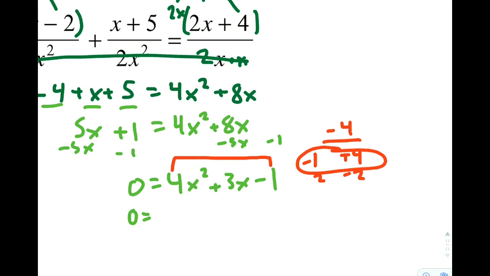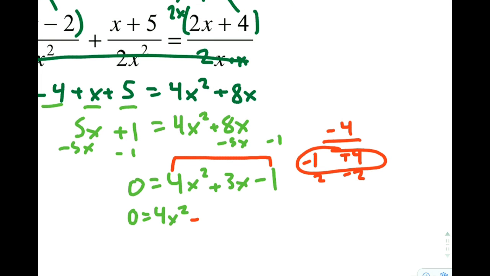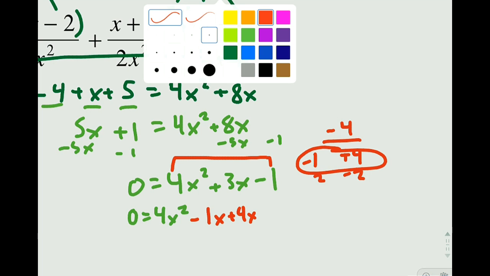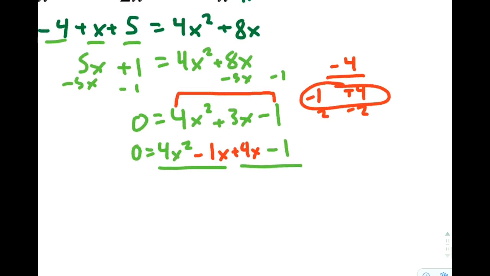So 0 is equal to 4x squared, and we're going to split that middle term up into minus 1x plus 4x minus 1. And these two chunks are now going to factor.